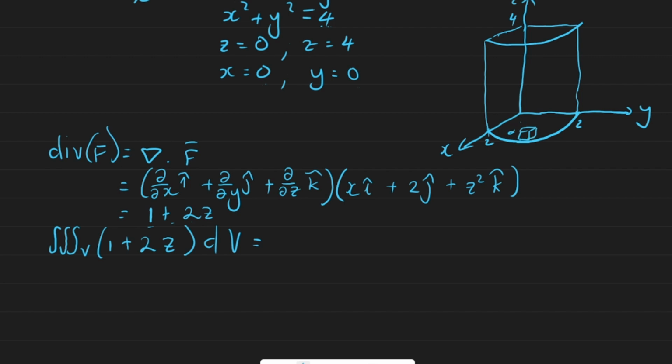So we have dz, dr, that's here, dr, and we have r d theta. So the volume element dV is equal to r d theta dr dz.